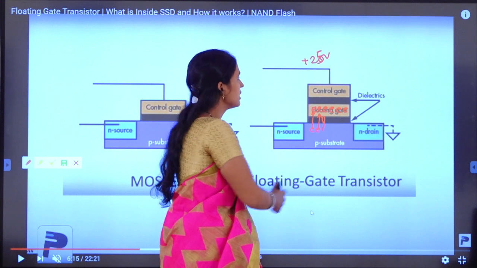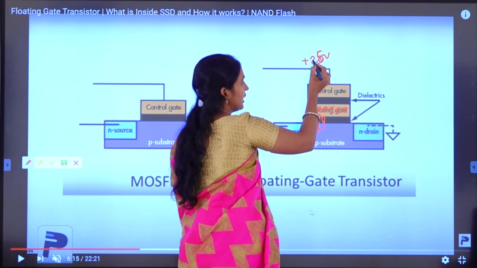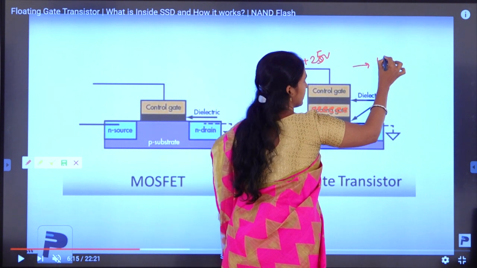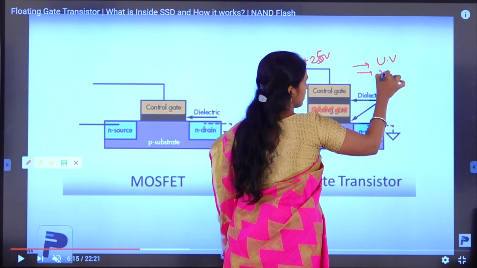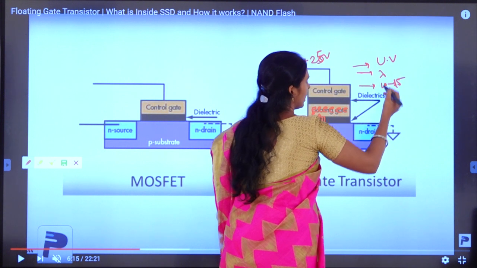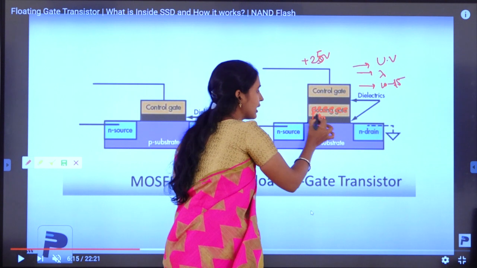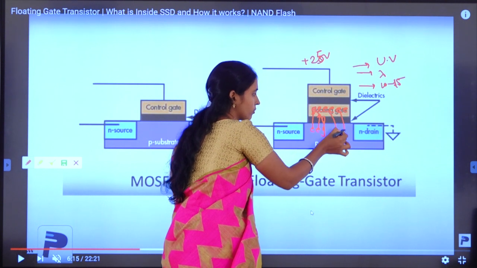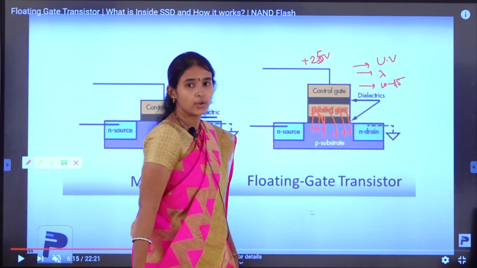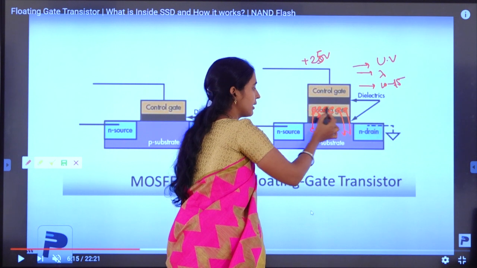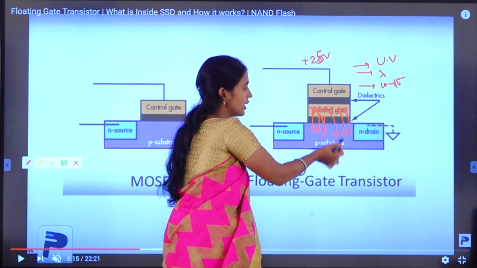How to remove the data? If I expose this to ultraviolet rays of a certain wavelength for about 10 to 15 minutes, or 5 minutes like that, what happens? All these electrons get excited and move to the substrate. When exposed to ultraviolet, these electrons acquire energy and start moving to the substrate.